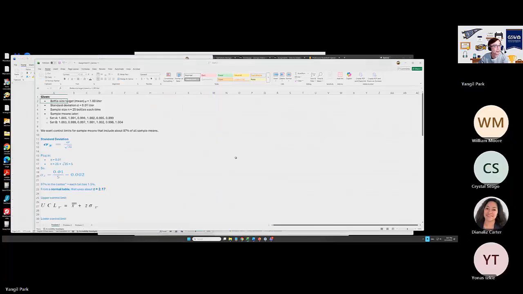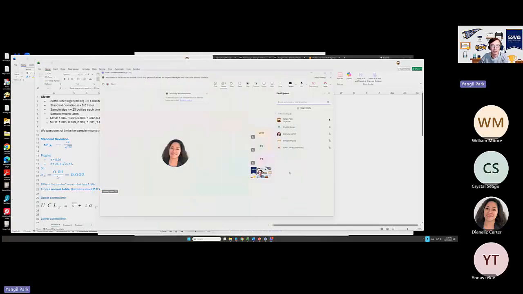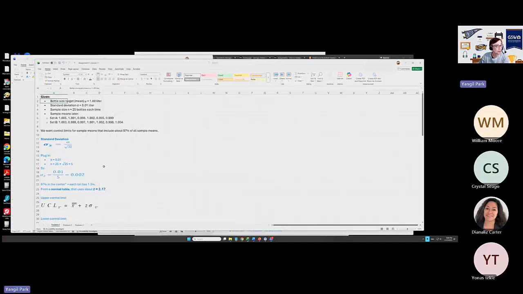Okay. Let's take a look. Just a second. All right, so the information is given again. The mean is 1, the standard deviation is 0.01, sample size 25.